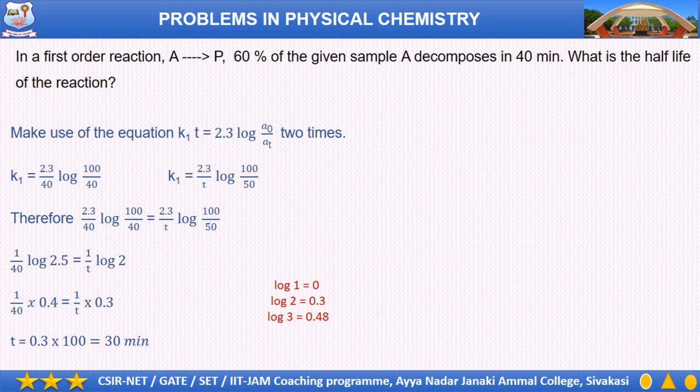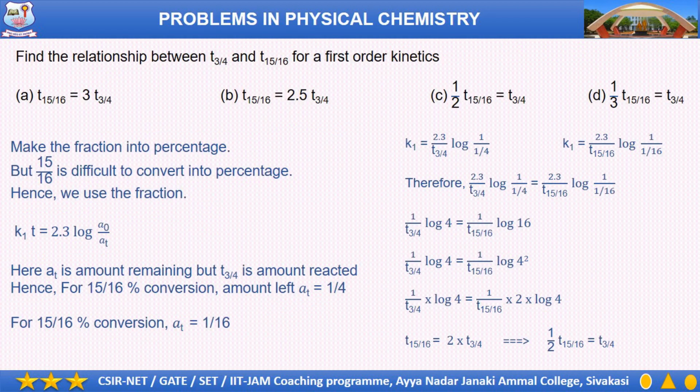If you are well versed in this, now work out this problem and find out the answer. Find the relationship between T 3 by 4, that is 75% conversion, and T 15 by 16, for a first order kinetics.